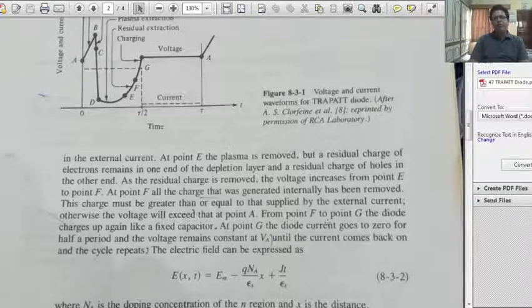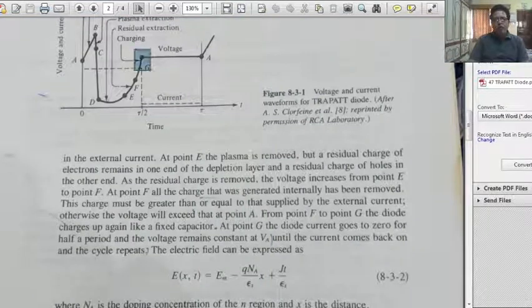From point F to point Z, what happens? The diode charges up again like a fixed capacitor. At point Z, the diode current goes to zero.